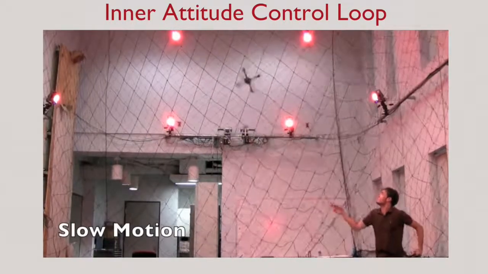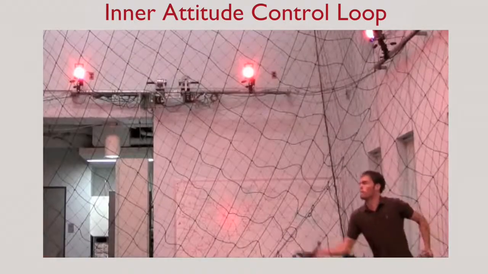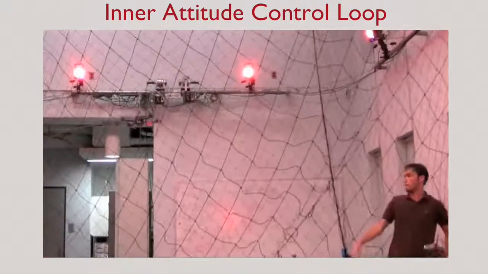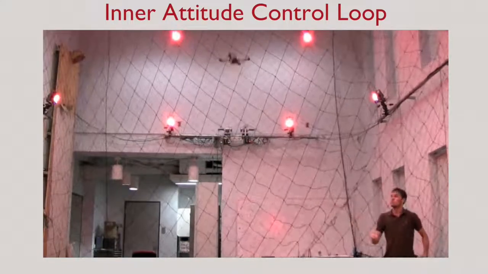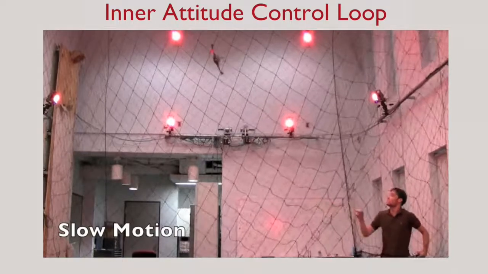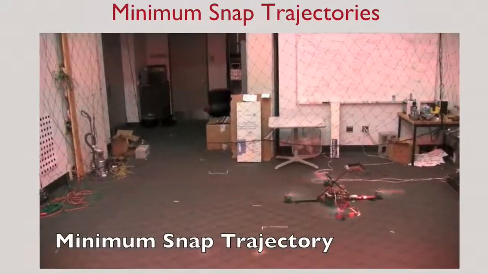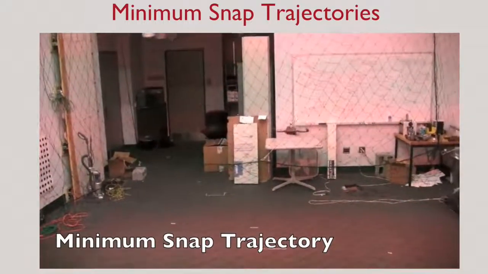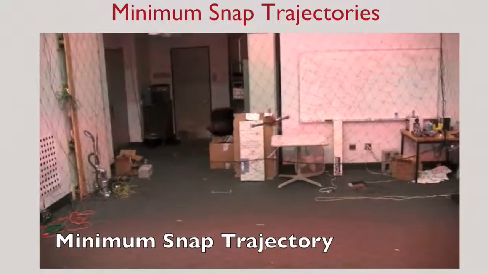Here you can see the vehicle being launched into the air from a variety of initial conditions, and the vehicle settles to a hover position independent of the initial configuration. Here the vehicle starts off from a given configuration and then goes to an end configuration through an intermediate point.